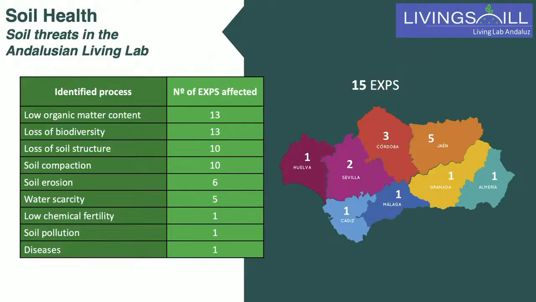Also, we have physical degradation, loss of soil structure and soil compaction, which are always associated with soil erosion, water scarcity, and other kinds of soil degradation processes.